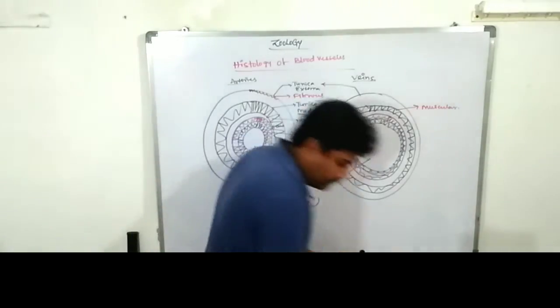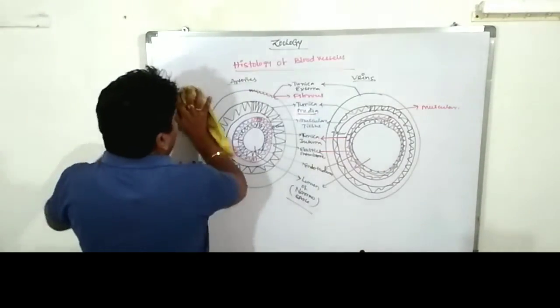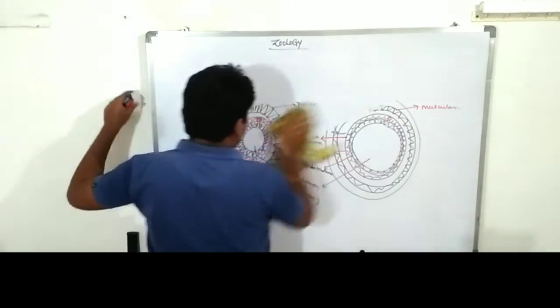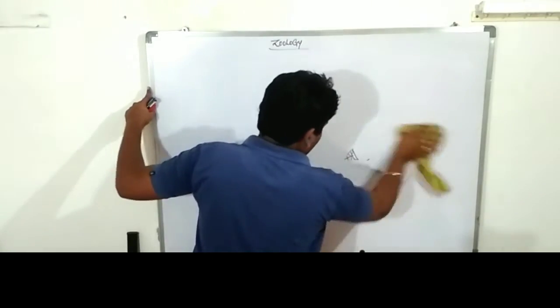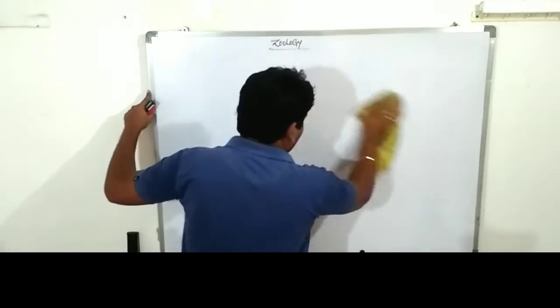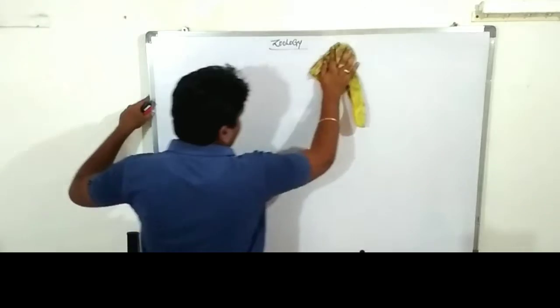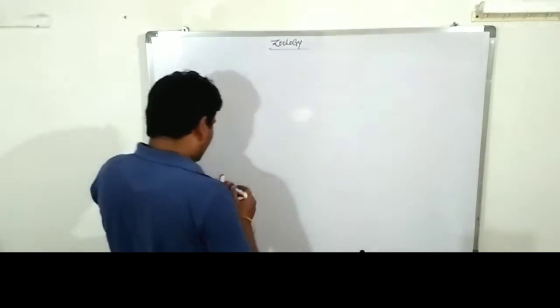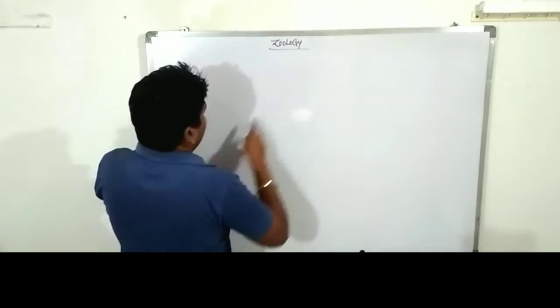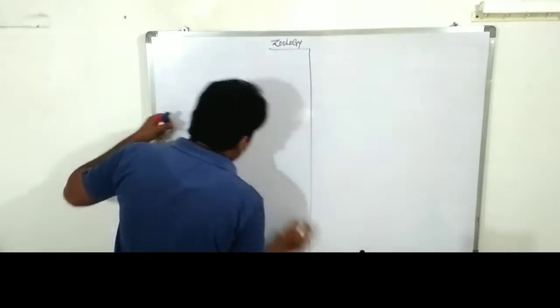Now we are discussing the difference between arteries and veins. Please note down everyone the tissues of the different layers.